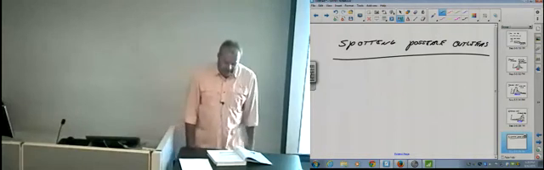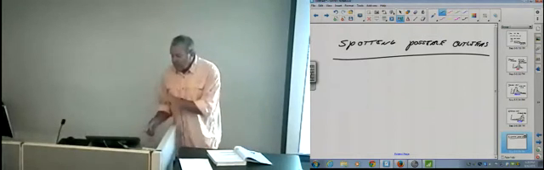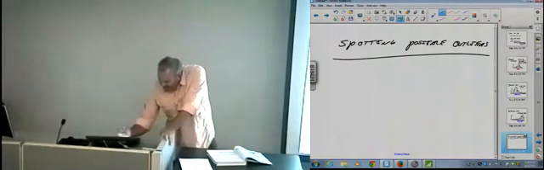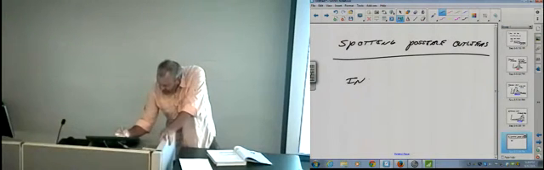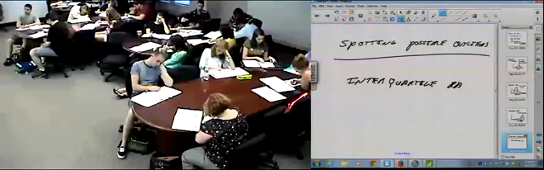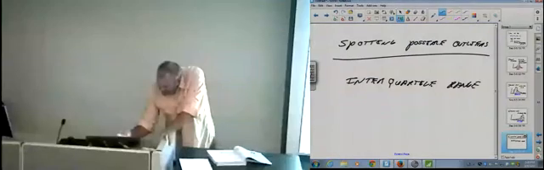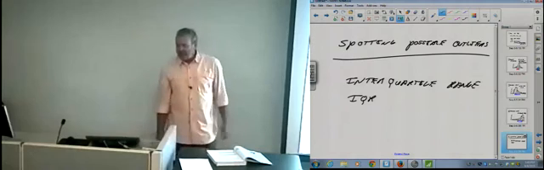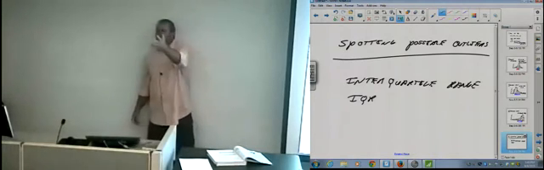All right? Now, to do this, we need to have a little talk about what's called the interquartile range. This is denoted IQR. You'll never hear me say anything other than IQR. It's the interquartile range.